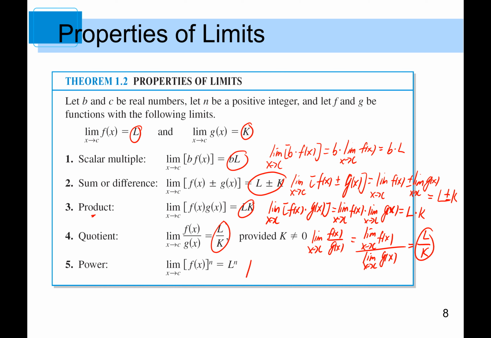Exponents, you can turn it like this: f of x to the n. You can do the limit as x approaches c for f of x, moving the exponent outside of the limit. That becomes L to the nth power. Okay, so this is like a quick proof of how all these basic properties of limits work, and these properties are super useful.